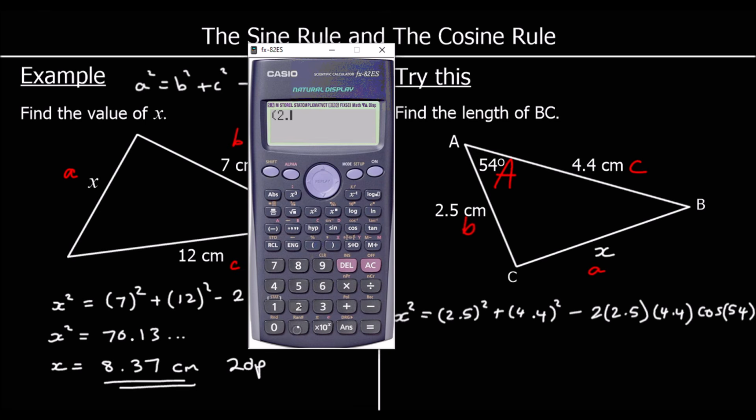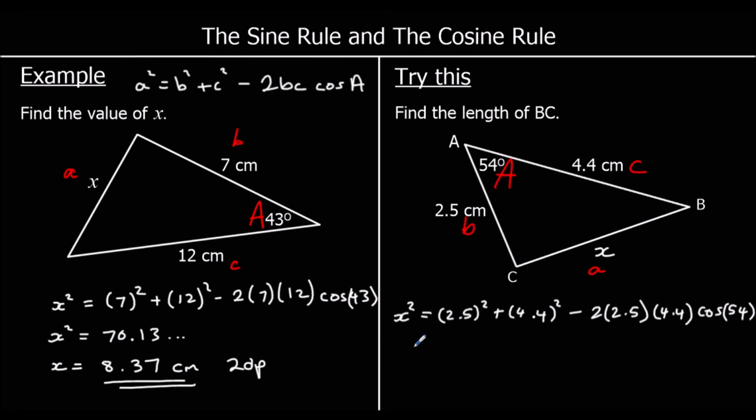So that's 2.5 squared plus 4.4 squared minus 2 times 2.5 times 4.4 cos 54, and that's got us 12.67 and so on. So x squared is 12.67 and so on.